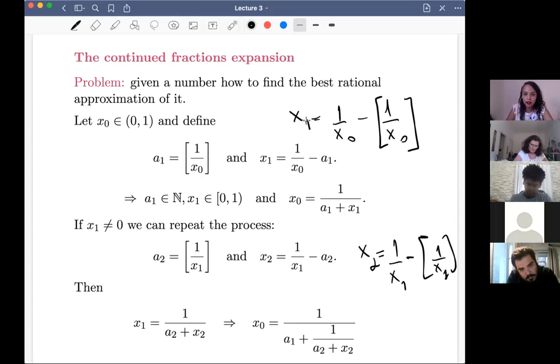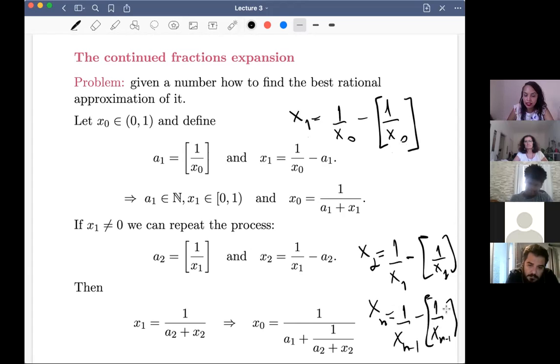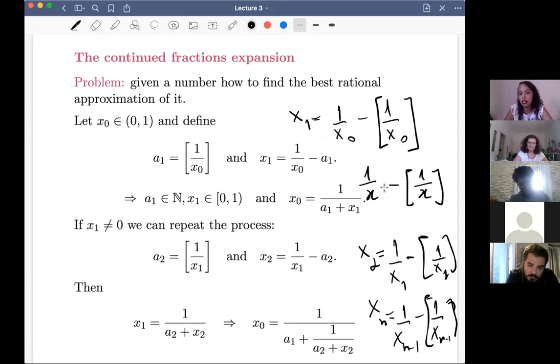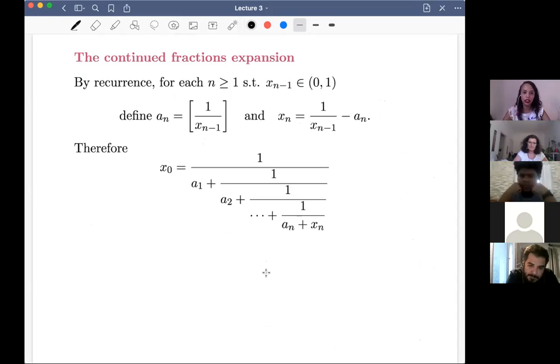So what we are doing is the following: I started with x1, that was this, and then you do the same thing for x1, and then for xn, you do the same thing for xn minus 1. So if you think a bit, this is a process of iteration. The idea is to consider the map that takes x to 1 over x minus the biggest integer smaller than or equal to 1 over x, and iterate it. This is going to give us the same process. Let's see it slowly.